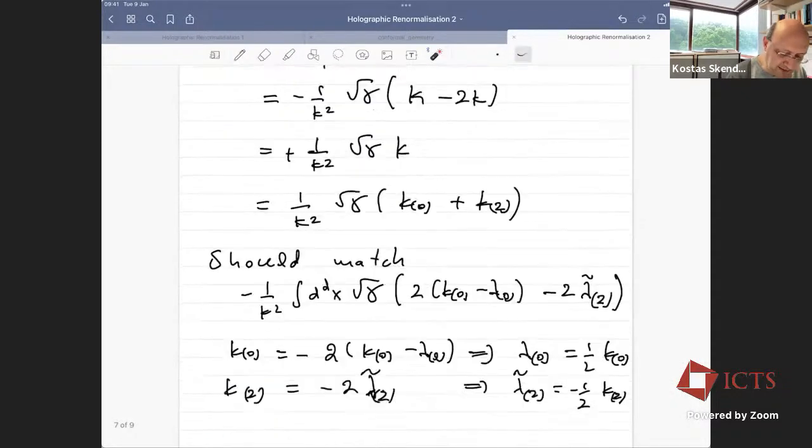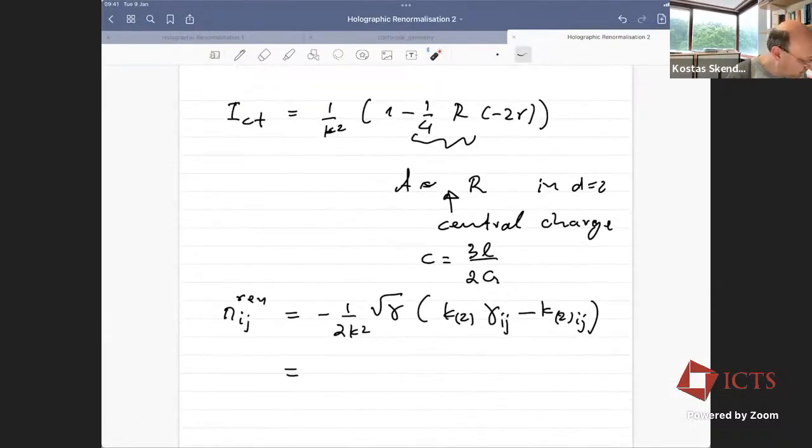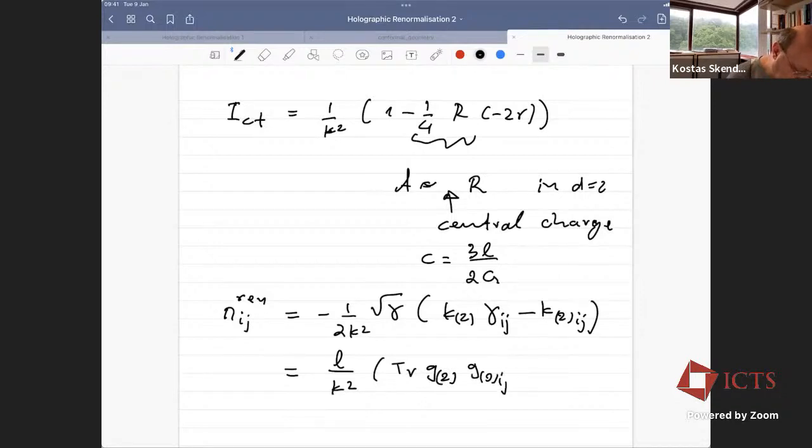Now you insert these values here. So that gives, if I put back here the AdS scale, the AdS reduce. Sorry, this is our formula.